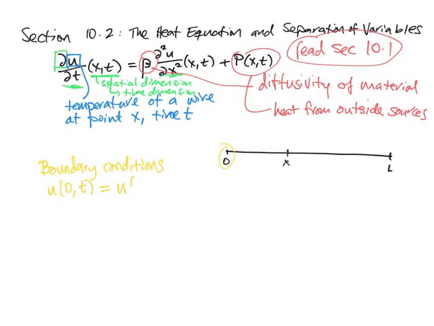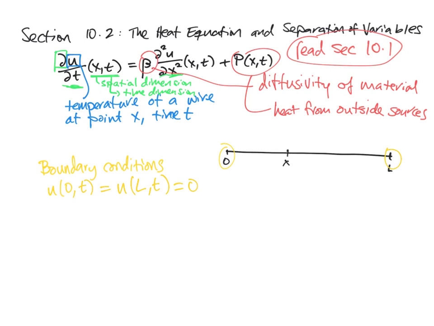And then our u at our other endpoint. And we're going to say those are both 0. So that's like if we're holding the ends of our wire at 0 degrees Celsius. And this could be anything. It could have t's in it because it could change over time.